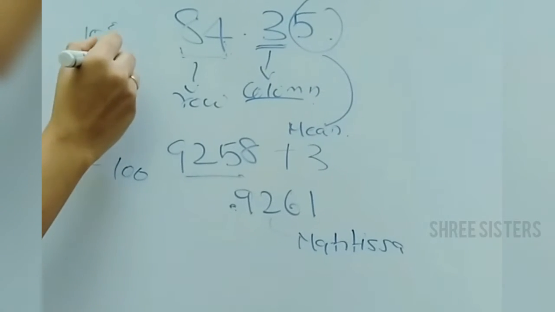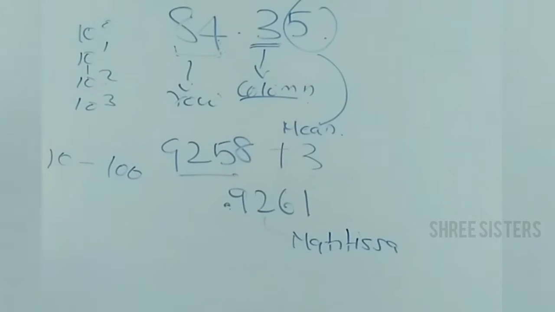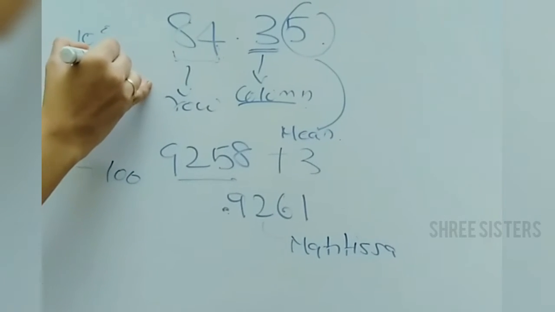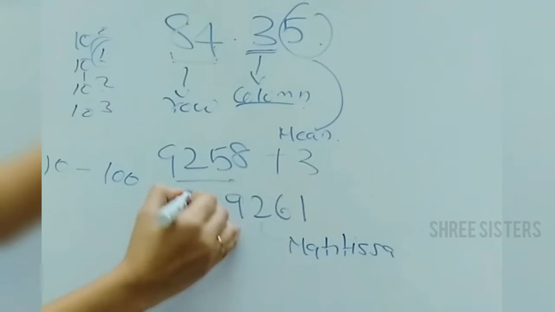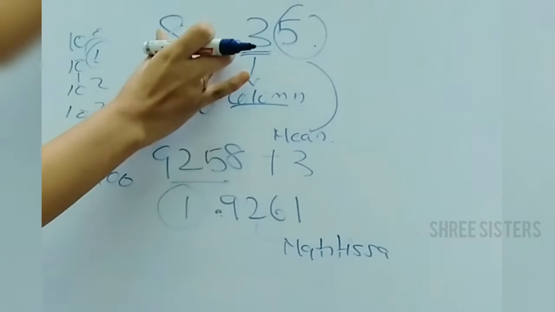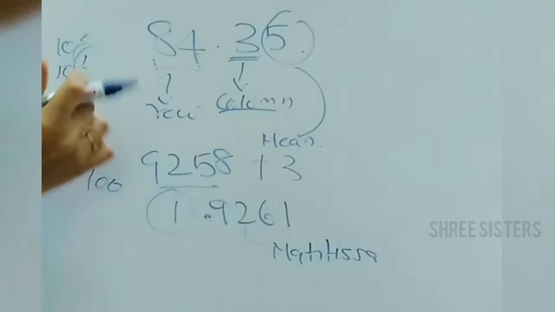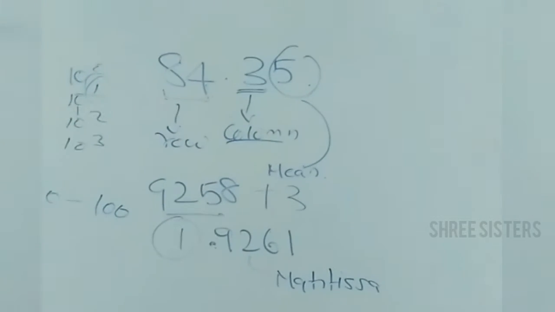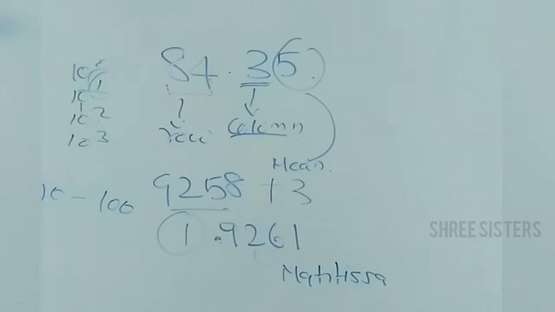So we should take the least power, which is 1. We have to take the least number's power as our characteristic. So 1 will be our characteristic.